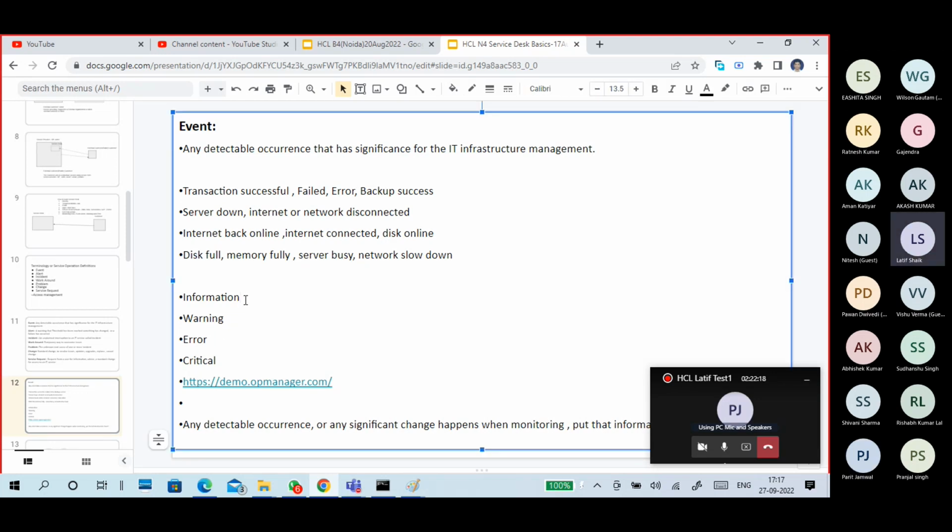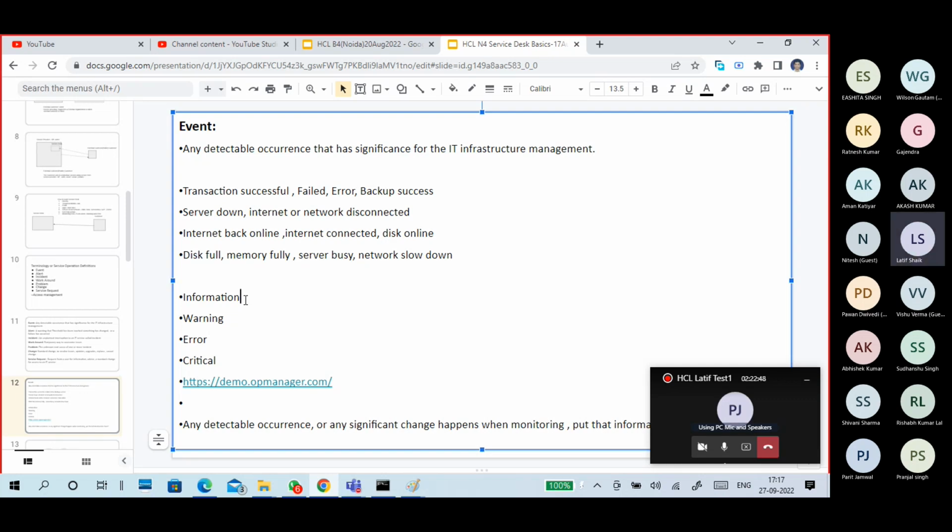Okay. So information means generally any success, like you connect a pen drive. Pen drive is connected. It's information. That's it. You format a disk, information. You log into PC, login successful, information. Login failed, error.